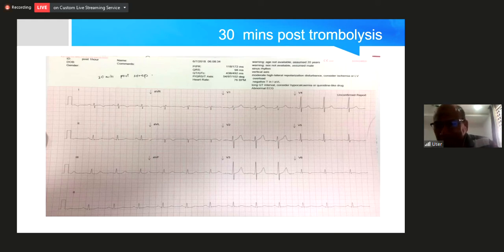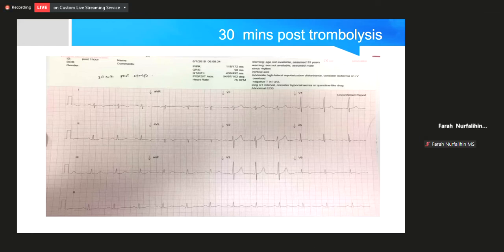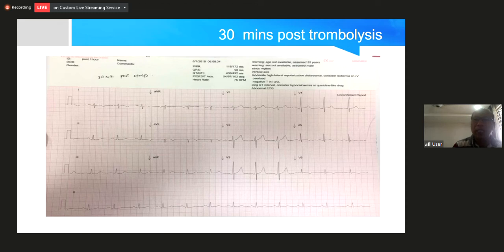You got what I said just now? Yes, sir. So if you opted for thrombolytic therapy, you have to assess whether it is successful or not. How do you assess? You do an ECG at 90 minutes. If the ST elevation decreases by more than 50%, and the patient's symptoms are better in terms of blood pressure and chest pain, then you have a successful thrombolysis. Okay. Next slide.